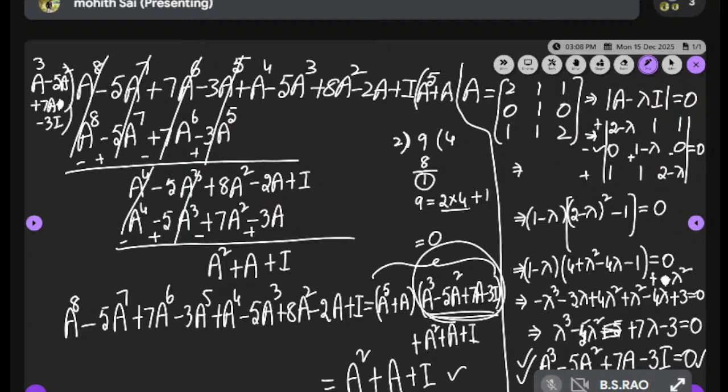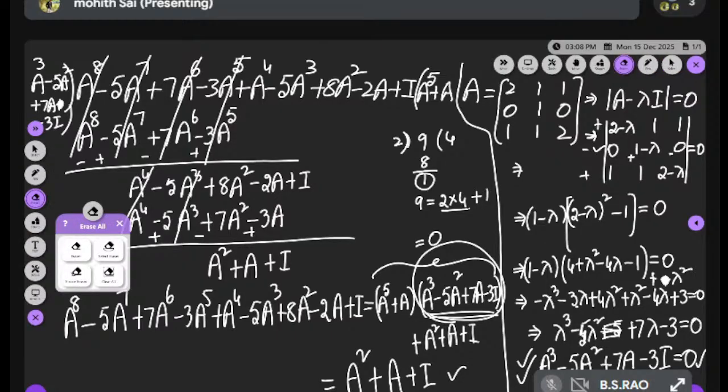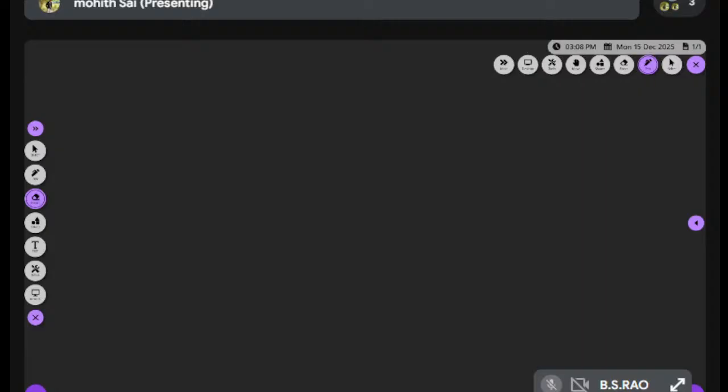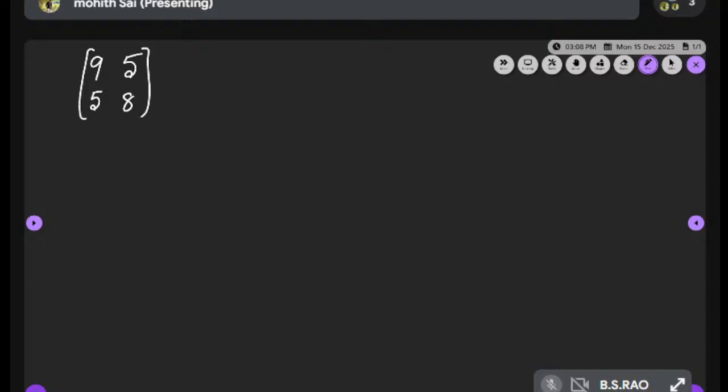Right. The eigenvalues of the matrix 9, 5, 5, 8 are: option A, 2.42 and 6.86.